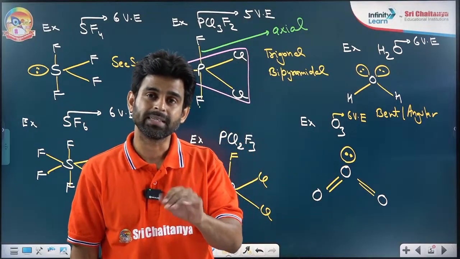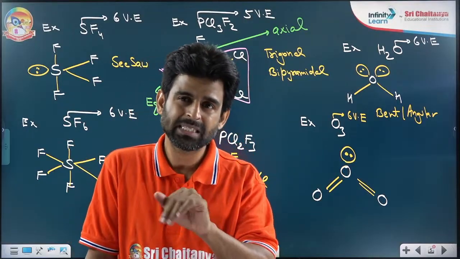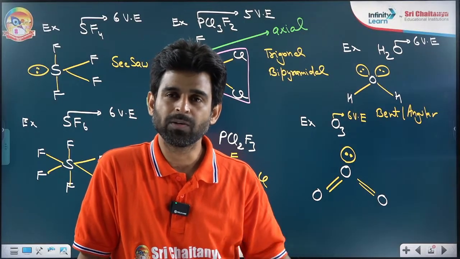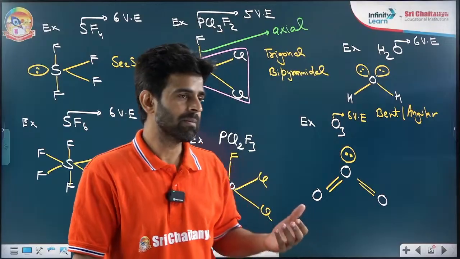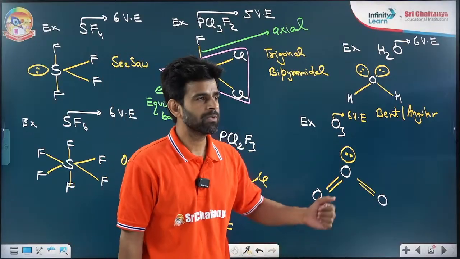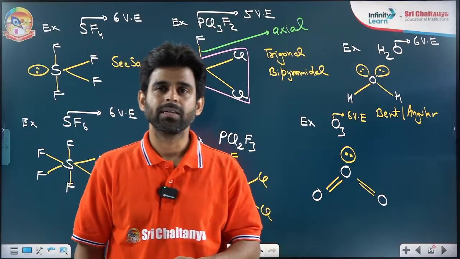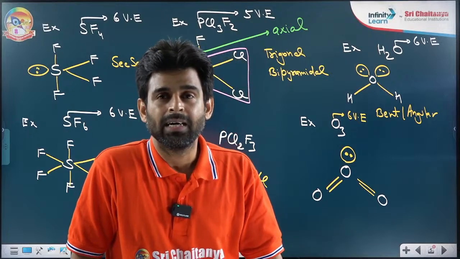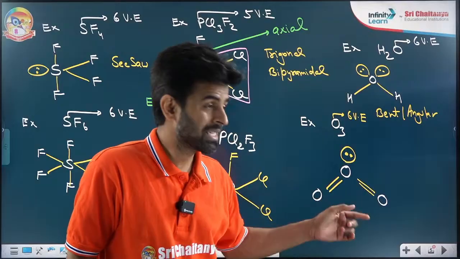Total how many? 10. That means something is wrong here. If we go by our general rule, this is the structure that comes to our mind.